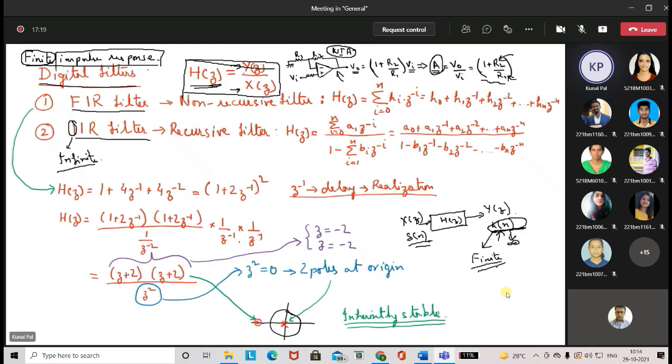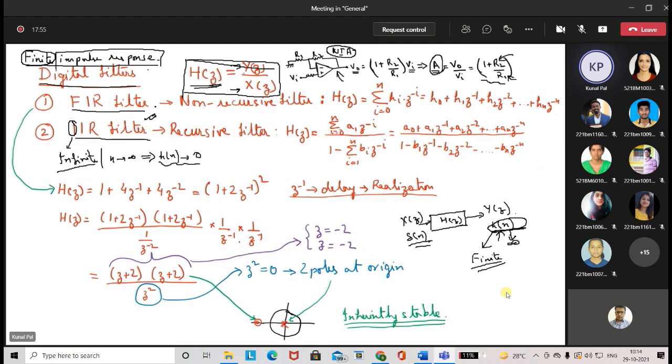Even though it has infinite values, we have to keep in mind that as time n tends to infinity, the amplitude of the h(n) values should tend to 0. Then this kind of IIR filters would be called stable IIR filters.